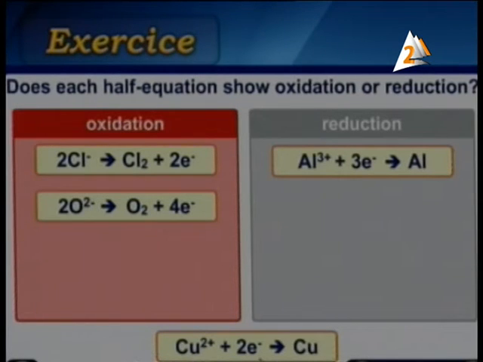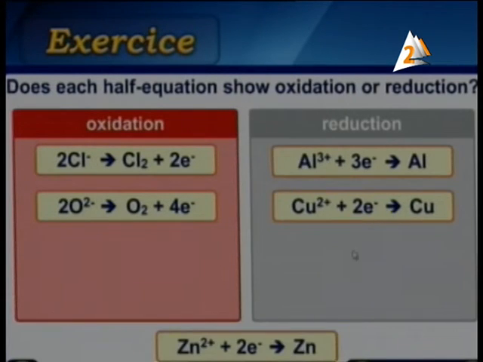And we have another one. Copper here, I think it looks like aluminium. Aluminium means reduction. So we'll put it in the same place because you gain 2 electrons. What about the other one? Other one we have Zn plus 2 electrons that give us Zn.